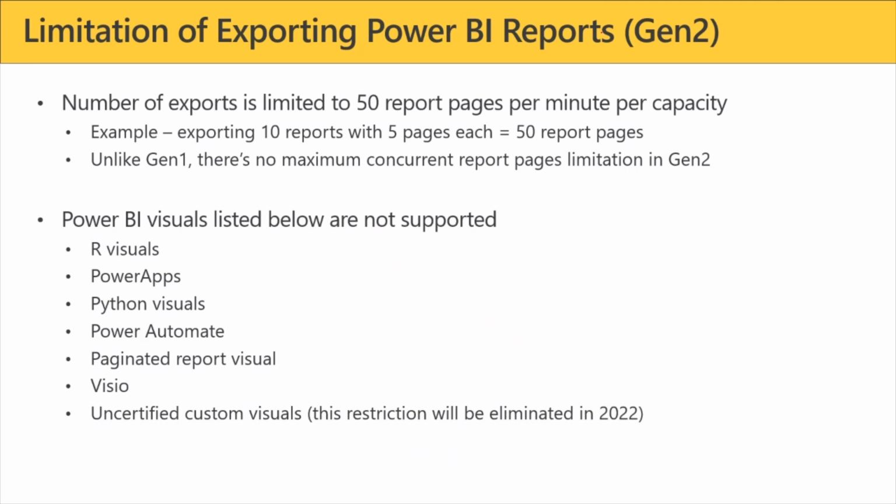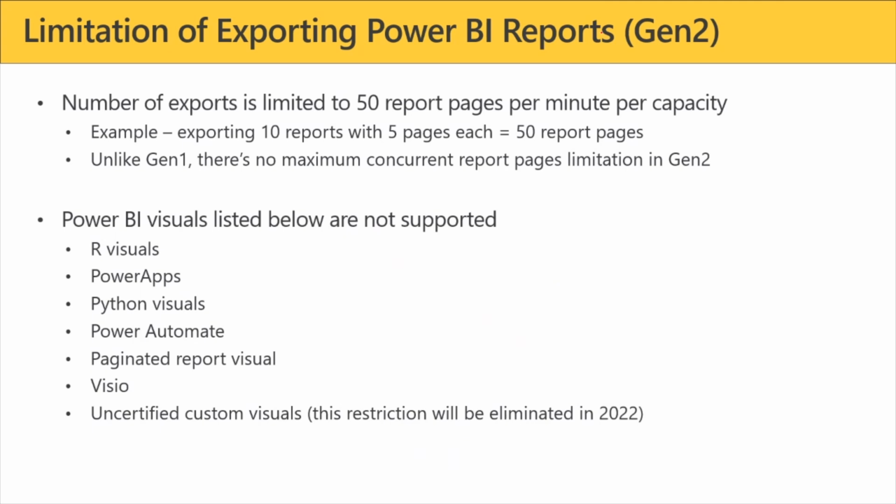And the idea is if you have 10 reports and each one has 5 pages, you've got 50 report pages there. Now, in Gen 1, we called out that there was a maximum of concurrent requests that you could put up. So there's no more maximum concurrent requests, but we do have some queuing and some throttling in place.